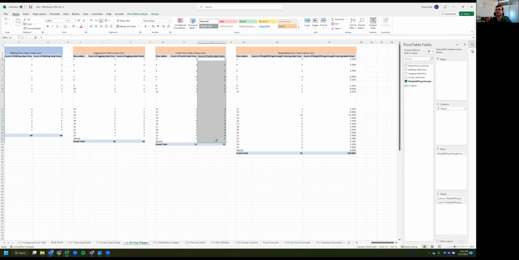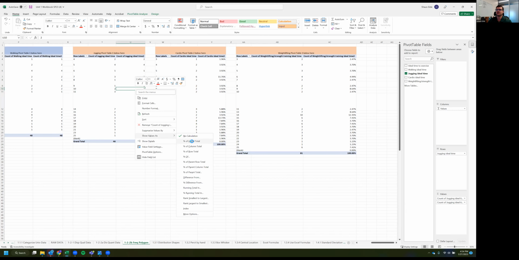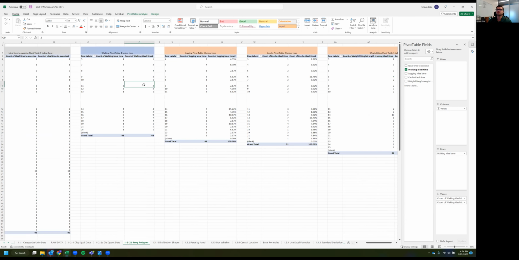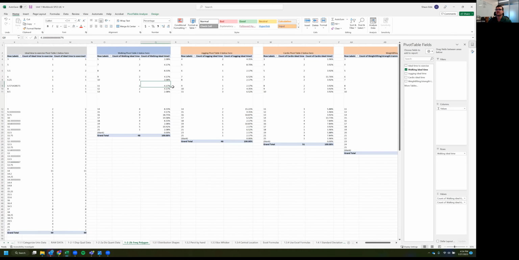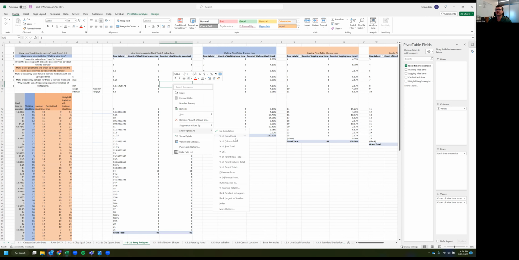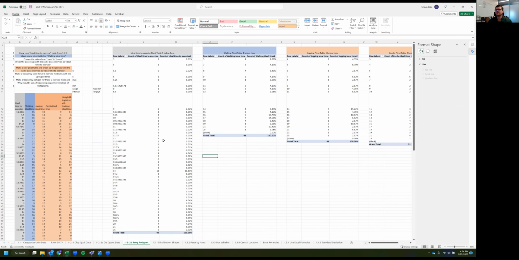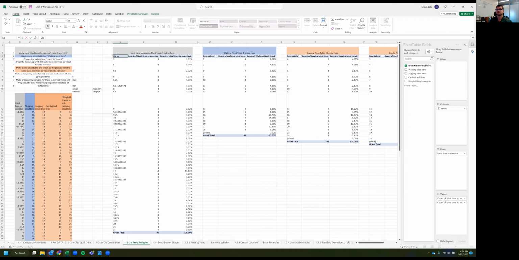And this is the percent of grand total as well. Show values as percent of grand total, percent of grand total, and percent of grand total. There we go. Now, like I said, these are the classes.